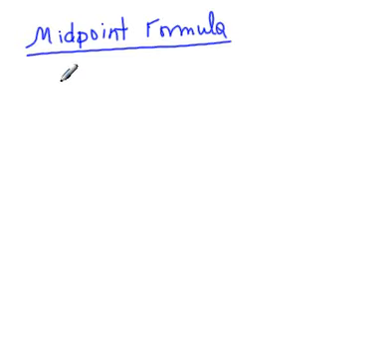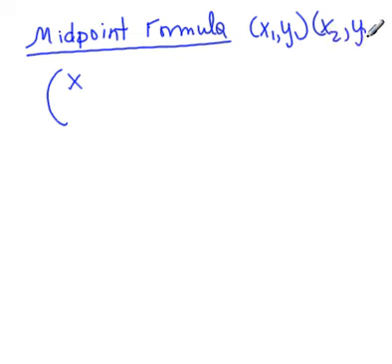And we want to talk about the midpoint formula. Okay, the midpoint formula, we're talking about the midpoint of a line when we use coordinates. So our midpoint formula is this. It says if you have 2 points, remember, (x1, y1) and (x2, y2), because every point has an x and a y number.